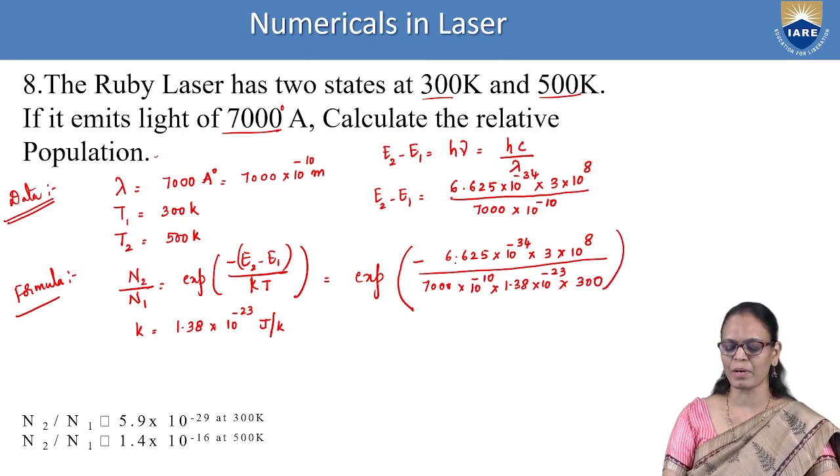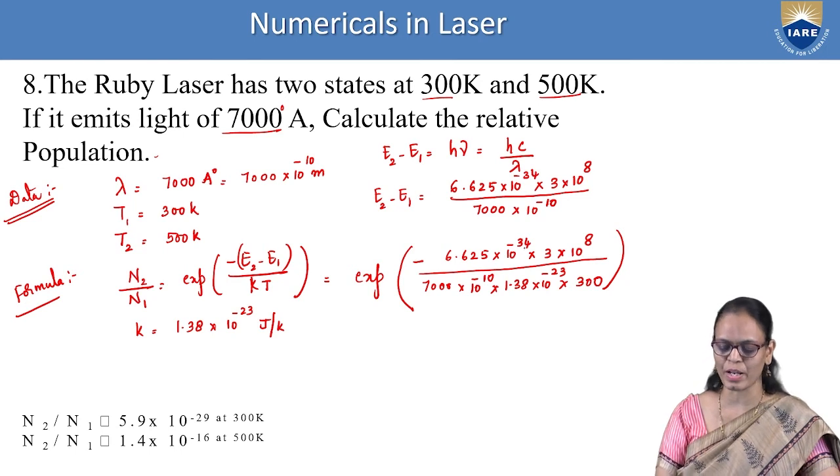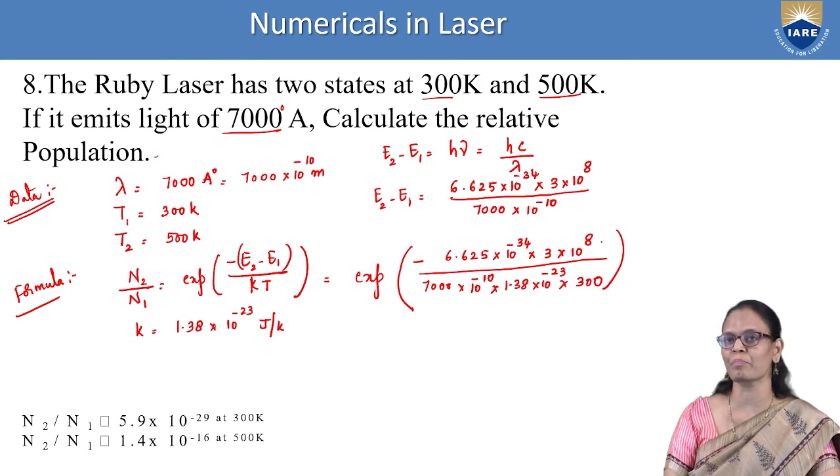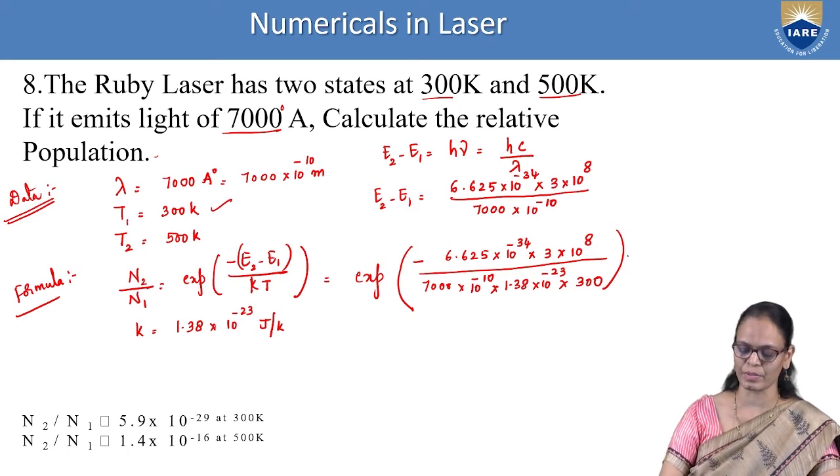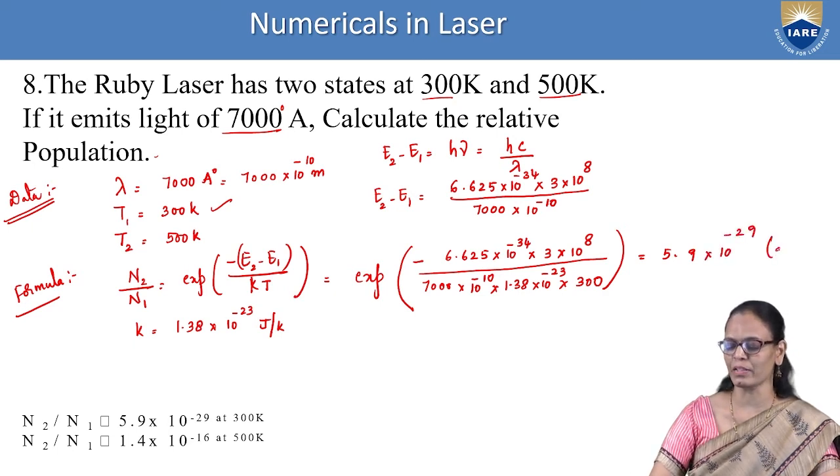So exponential minus 6.625 into 10 power minus 34 into 3 into 10 power 8 by 7000 into 10 power minus 10 gives us the value of E2 minus E1, and 1.38 into 10 power minus 23 is K. And for the first temperature T is equal to 300 we are going to calculate. So we are getting 5.9 into 10 power minus 29. This is the value at 300 Kelvin.